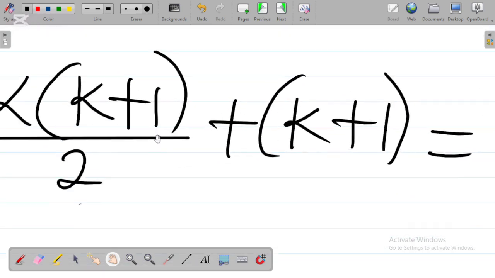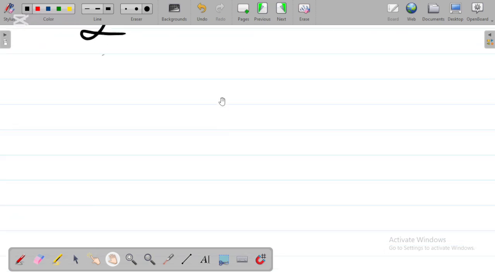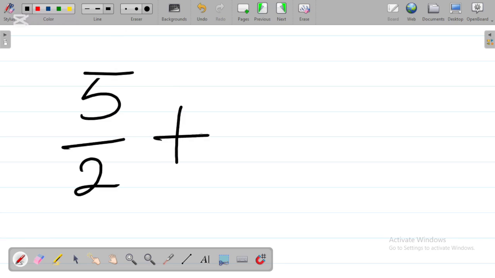All right, so let's simplify further. For the left hand side, we have k open bracket k plus 1 divided by 2 plus k plus 1. Now take note of this. Whenever you have 5 divided by 2 and then plus 4 divided by 3, you will have to take the LCM.